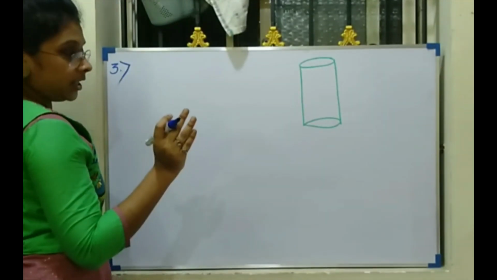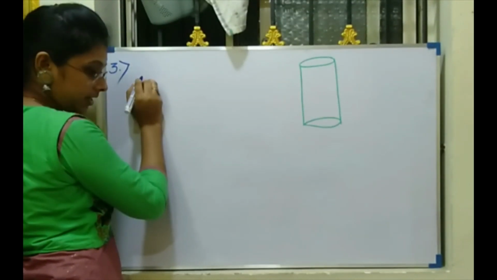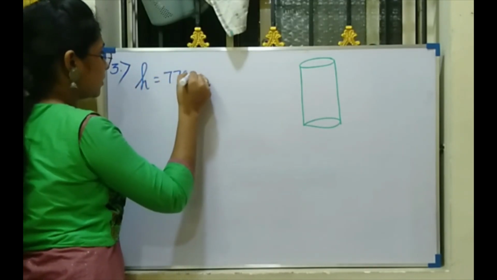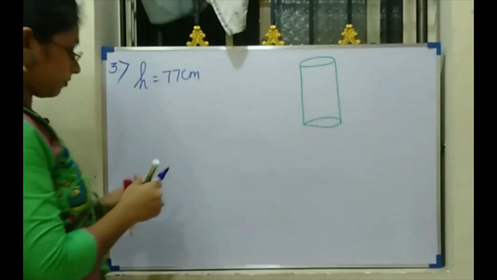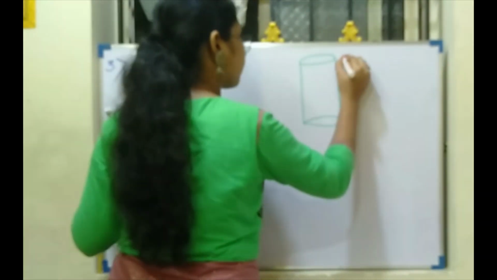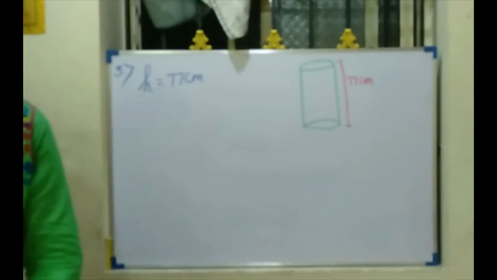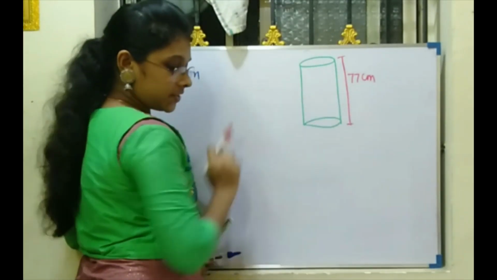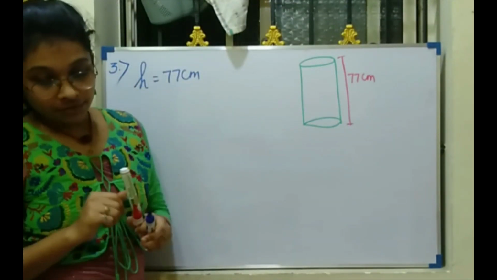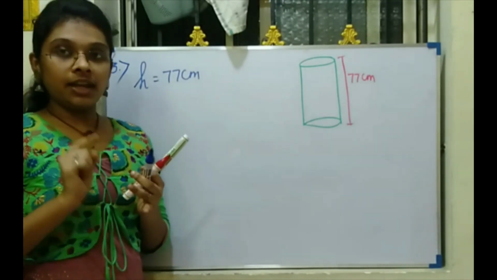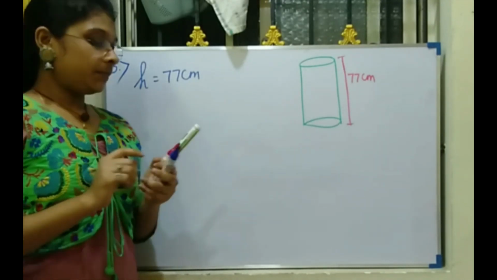The length of the metal pipe is 77 centimeter. That is, h is equal to 77 centimeter. Then they have given the inner diameter and the outer diameter.